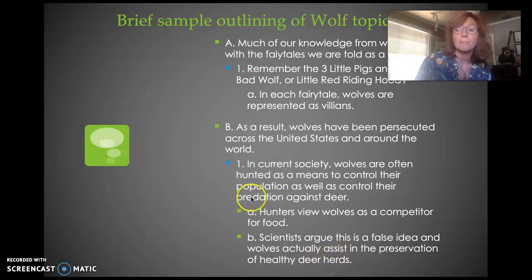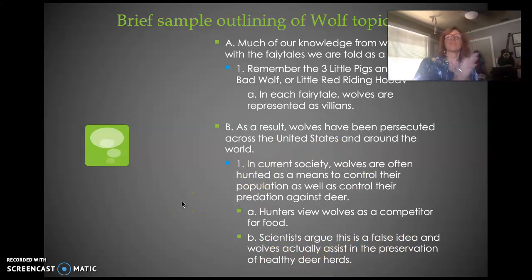So right here, I say, as a result of us looking at wolves as villains, they're persecuted, or extirpated, which is another word that we use in the science community. They've been extirpated across the U.S. and even in the world because of our views from what we've been told, these old ideas.